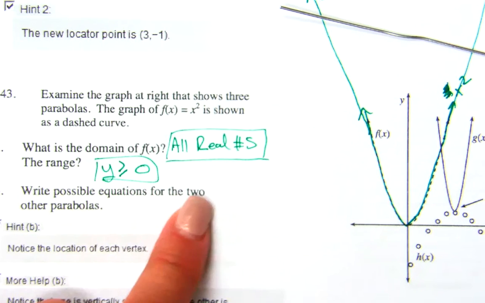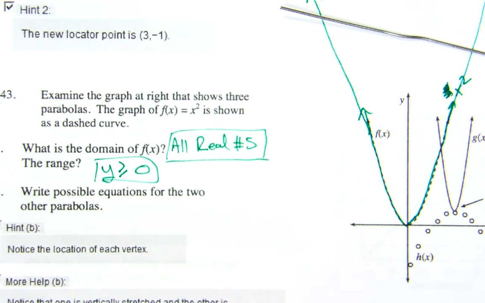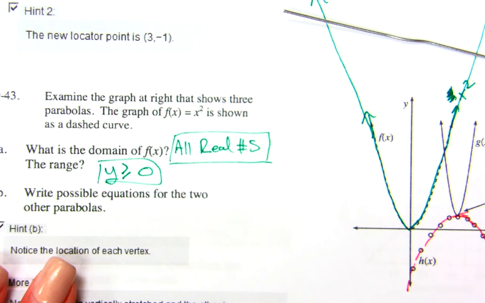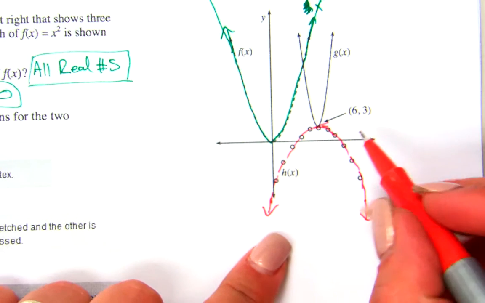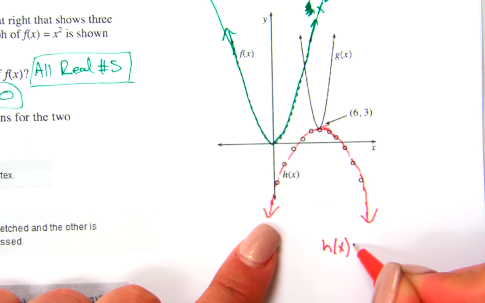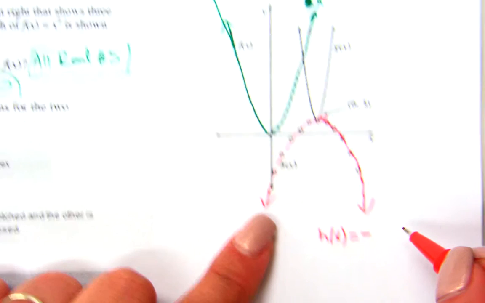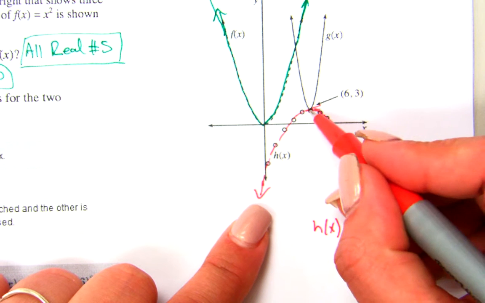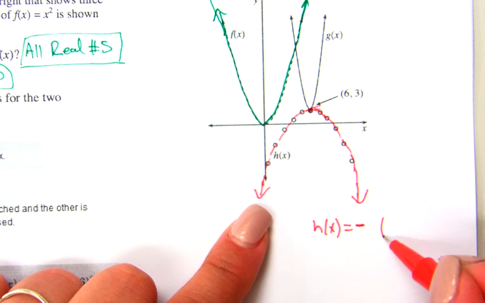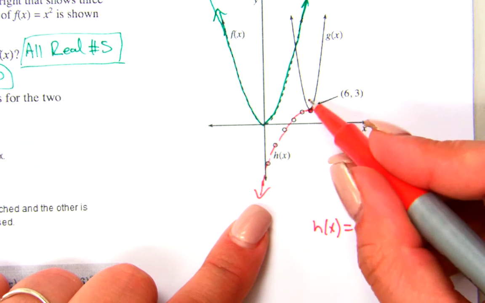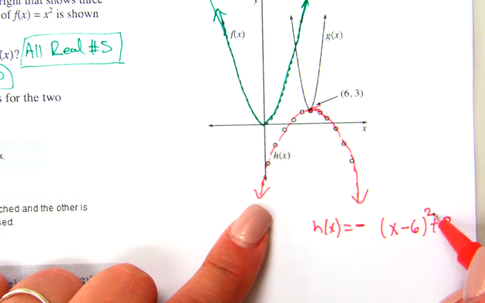Okay, write possible equations for the 2 other parabolas. Let's look at the dotted red one. It's going down, right? So we have h of x equals negative, and its vertex is at 6 and 3, so I know it's going to be x minus 6 and up 3, so plus 3, squared.